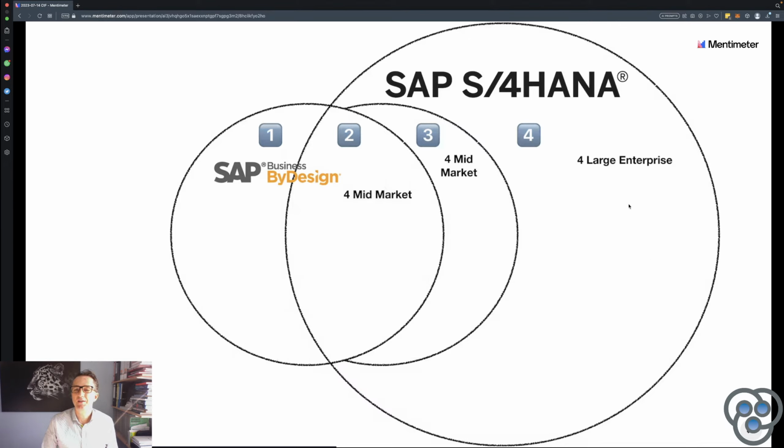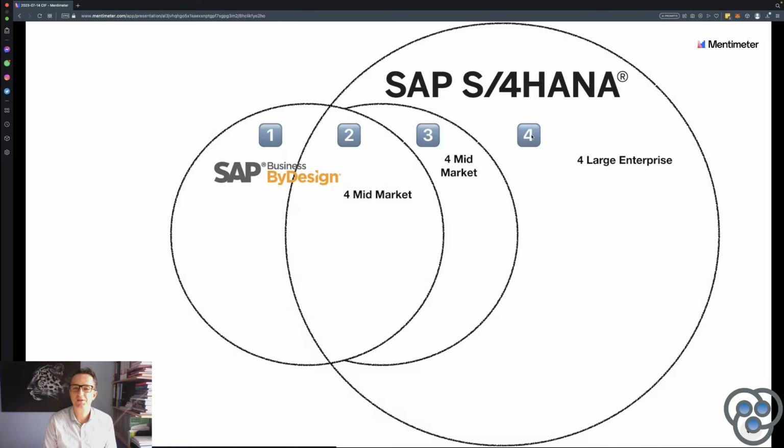Then you have the other subsets, which are 3 and 4. There's no question in general that subsets 3 and 4 are big, because S/4HANA Cloud can do many things that SAP Business ByDesign cannot do, because it's functionally richer, functionally deeper.